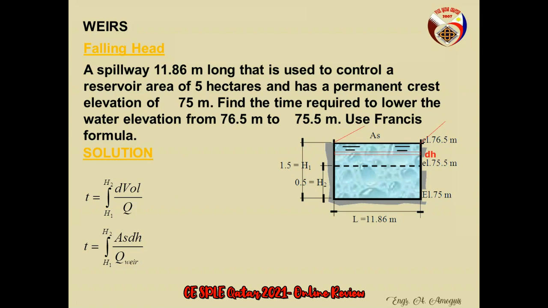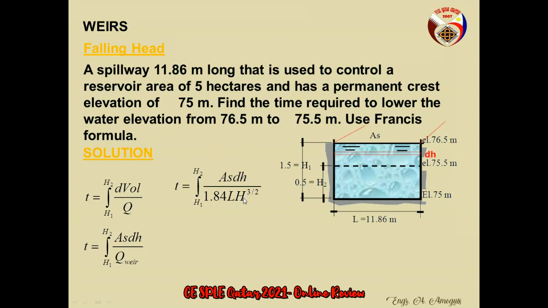But normally it is constant, as given in board exams, so you can take it out. Simplifying further, Q is 1.84 L H raised to 3 halves. ES is given as 5 hectares, L is given as 11.86. So what is the only variable here? Just H. So we have dH.